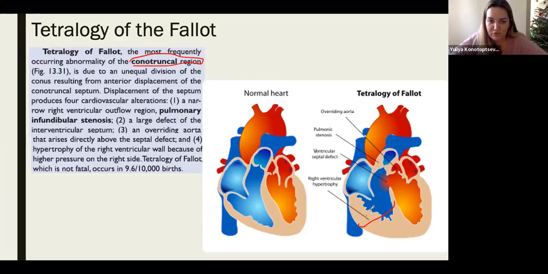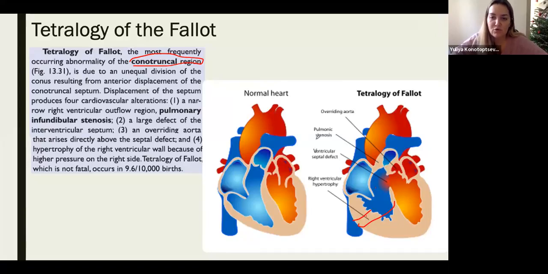So of course you can understand that if it increased in size, that means that the right ventricle is now going to contract like no tomorrow, right? It's going to contract with lots of force, creating very high pressure. Because of this high pressure, you're going to see that the pulmonary vessels are now experiencing narrowing.